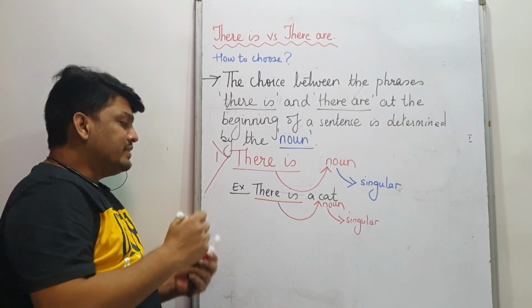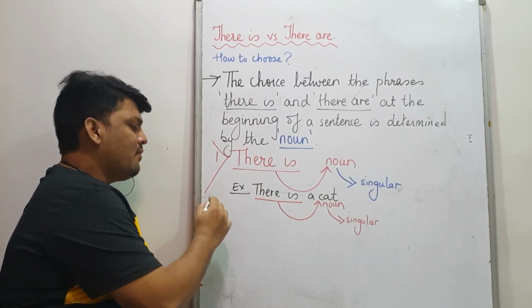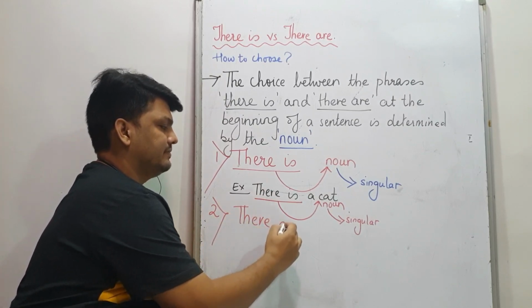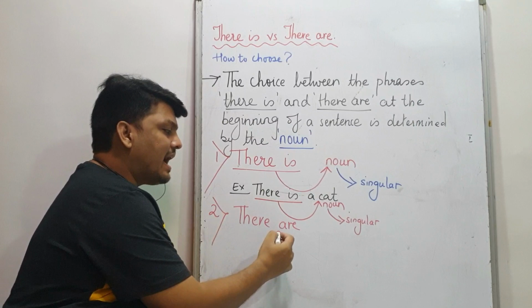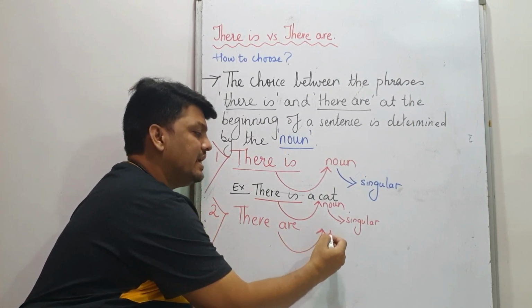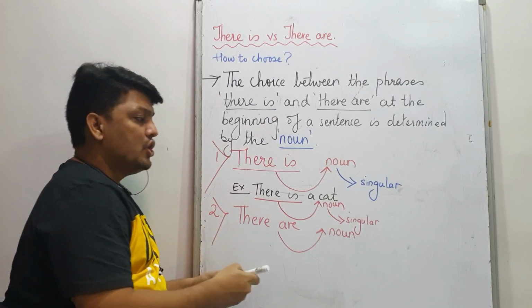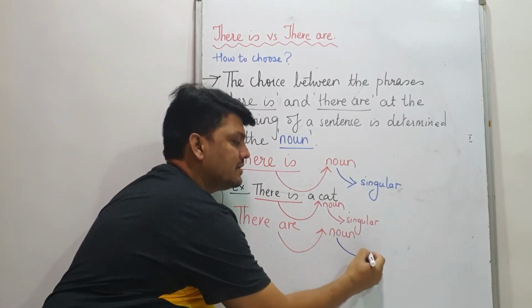The same goes with the second one, students. The second one is there are. Even there are is followed by a noun, but this noun should be plural.